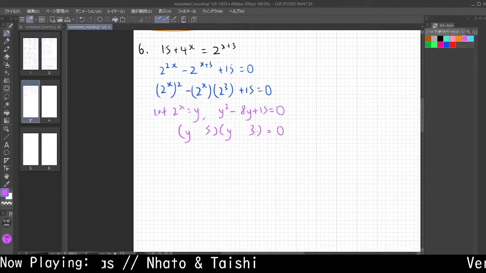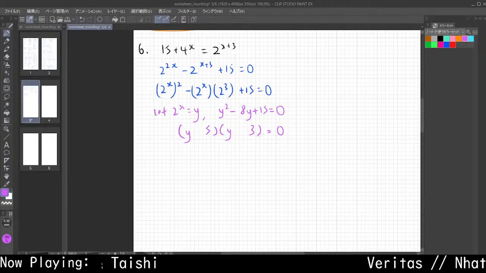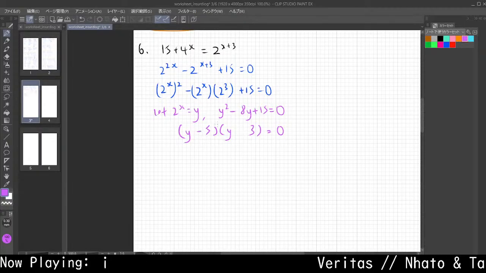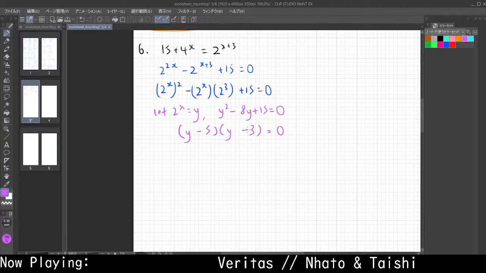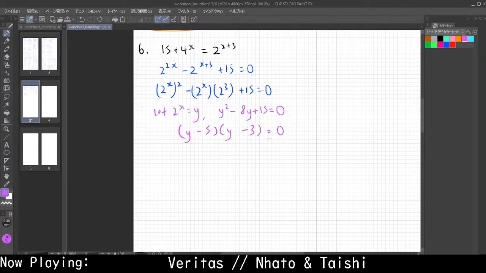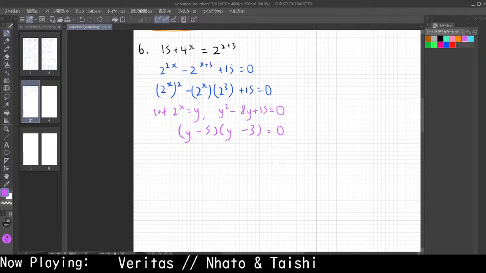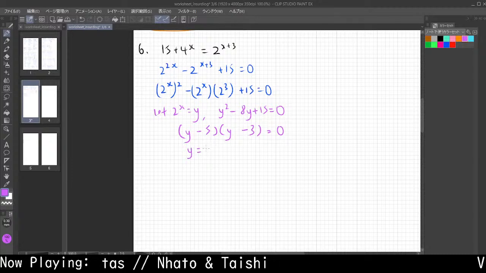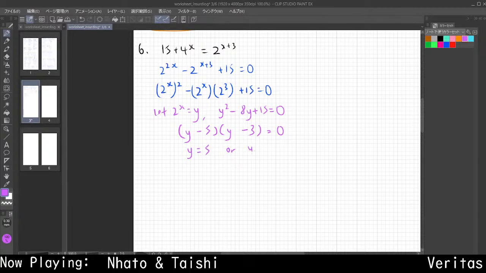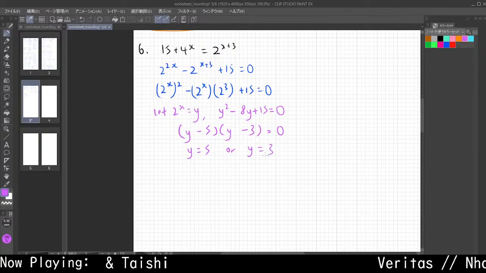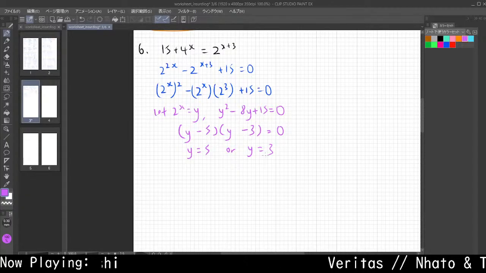So it's either plus plus or minus minus. Since we need to have a minus 8 over there, we will be going for minus minus, because minus 5 minus 3 we get minus 8. Okay, and therefore since this is complete, this will be the answer. You can verify yourself that this is indeed the case. So you'll get y equals 5 or y equals 3.